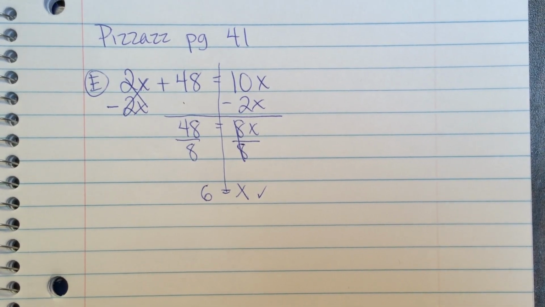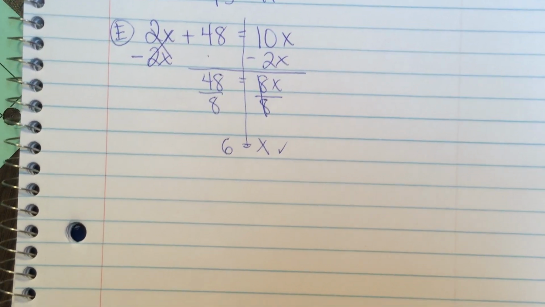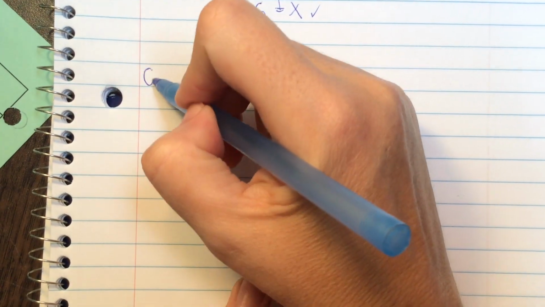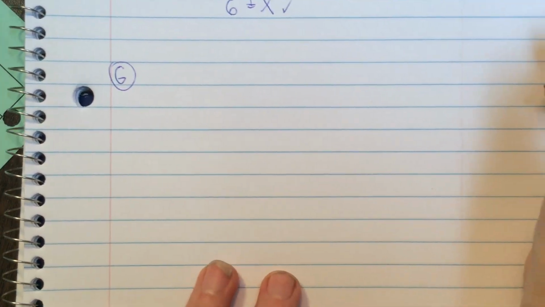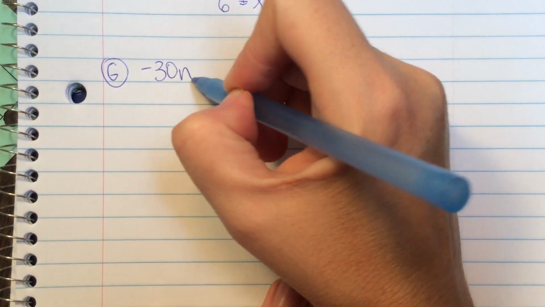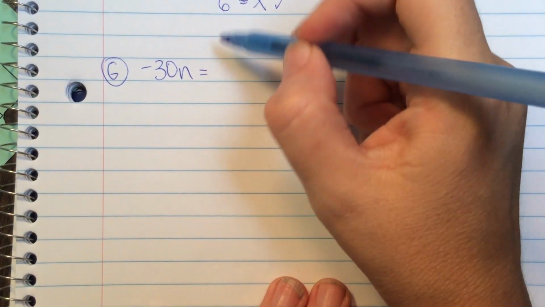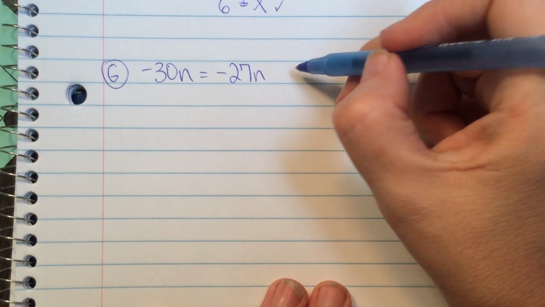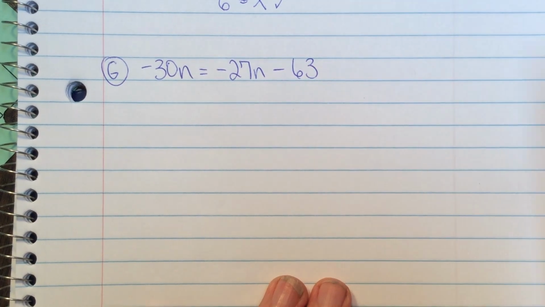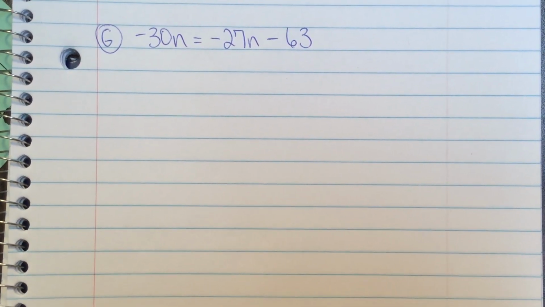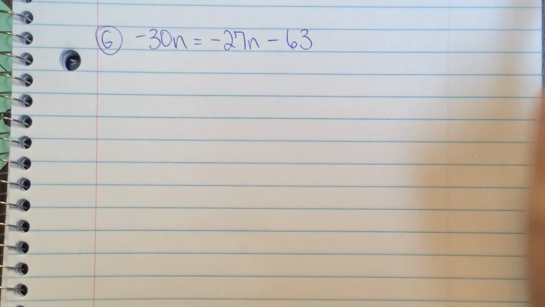How about, let's do G. So we got negative 30n equals negative 27n minus 63. Okay.